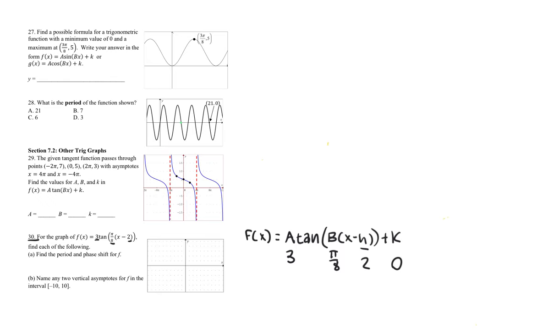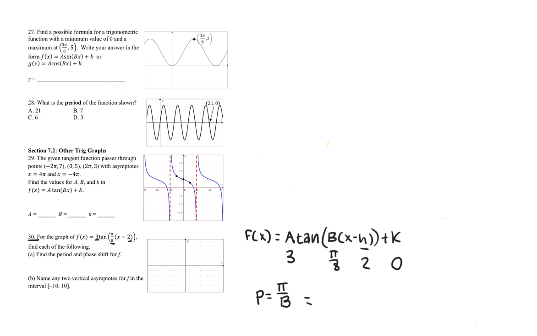For a period, we actually have a period formula. We used this on the last problem. So that period formula is period is pi over b. Okay, so we just said that our b value was pi over 8.